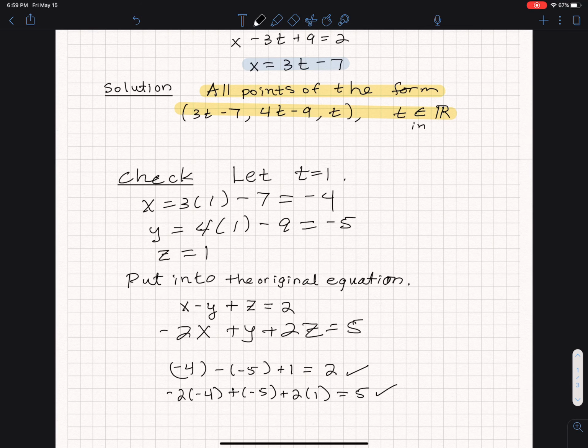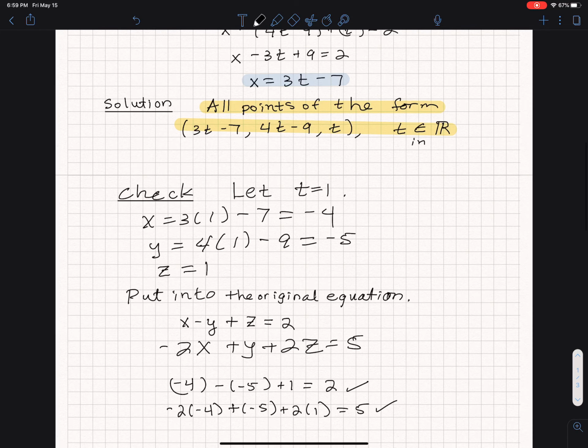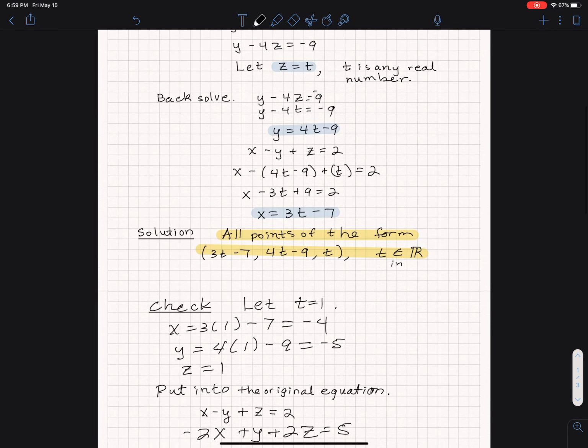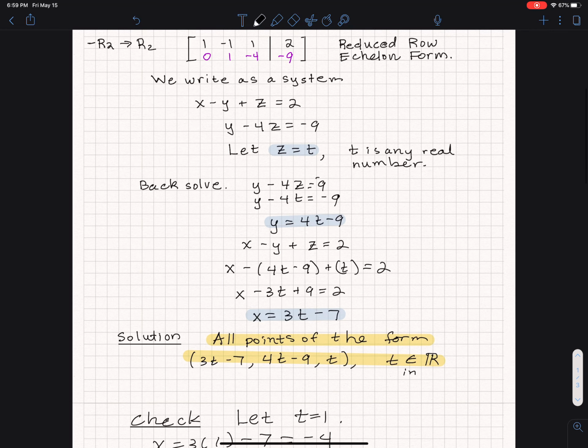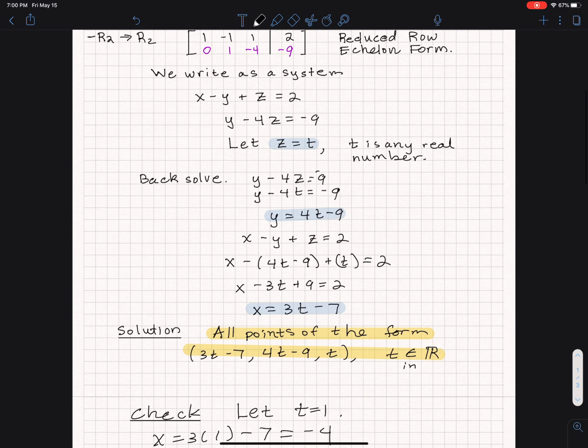Okay, so the one thing I want to point out is that it maybe isn't clear to us right now, but this actually is the equation of a line in space. And when we usually write this line, we can break this up as follows.